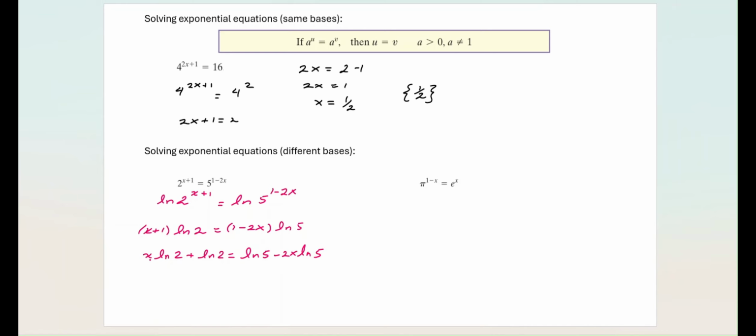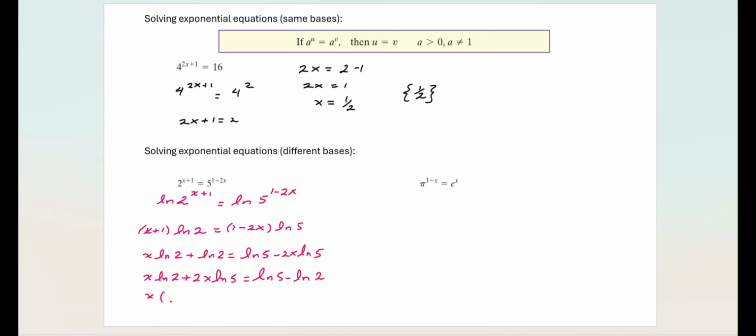Now we're going to group the expression with variable x in one side of the equation and the expression without the variable x in the other side of the equation. So we can say that x times ln of 2 plus then 2x ln of 5 is equals to ln of 5 minus ln of 2. We have a common factor x here, so we're going to factor the x out.